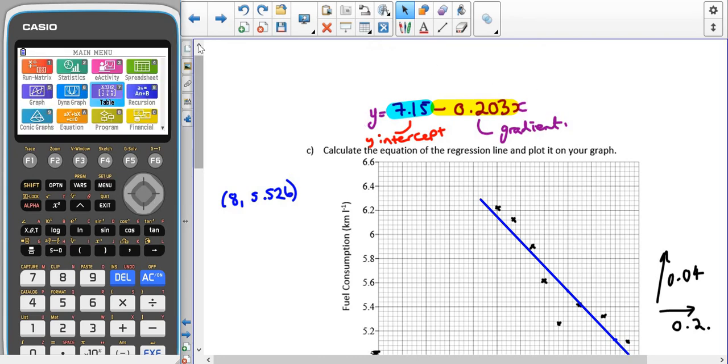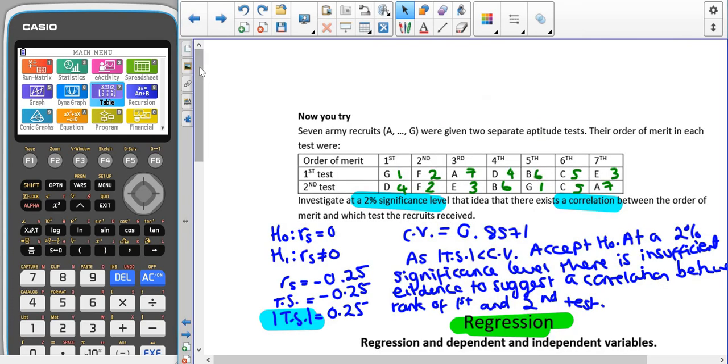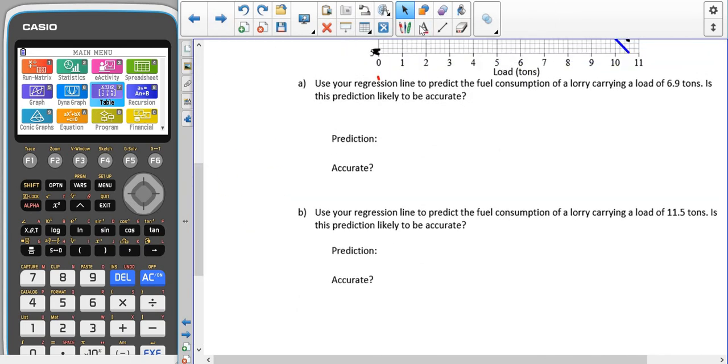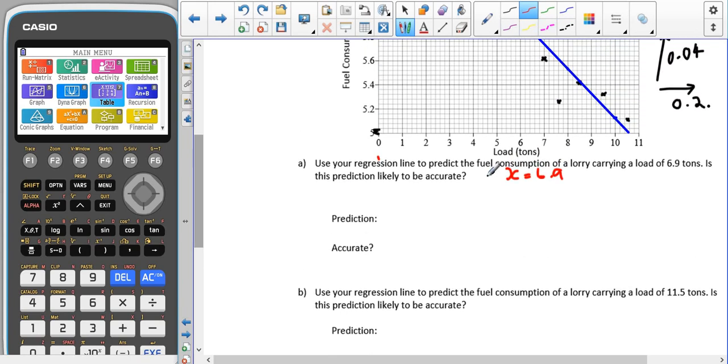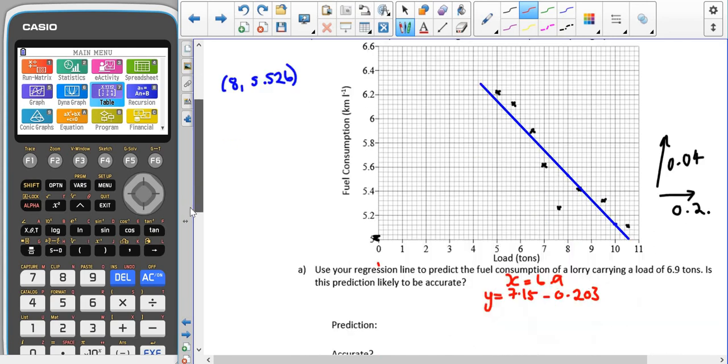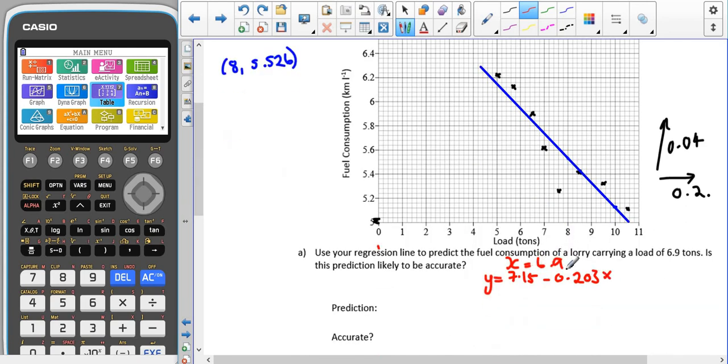We know from this part here, if I just go back a bit, that the load is the x. So I know that I've been given the value of x. So we know that x equals 6.9. So what I'm actually going to put in my calculator now, not the y equals bit, but I'm going to have 7.15 minus 0.203, just double checking that, yeah, times, and then instead of x, I'm going to have that 6.9.